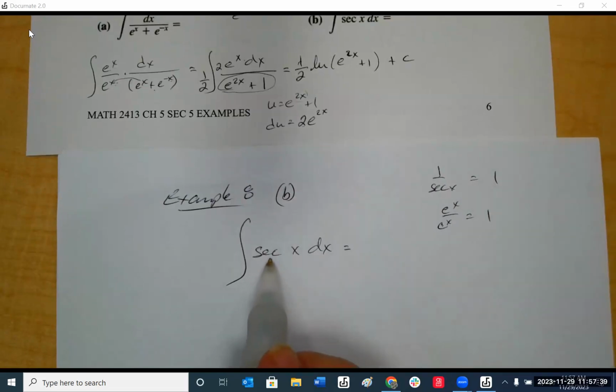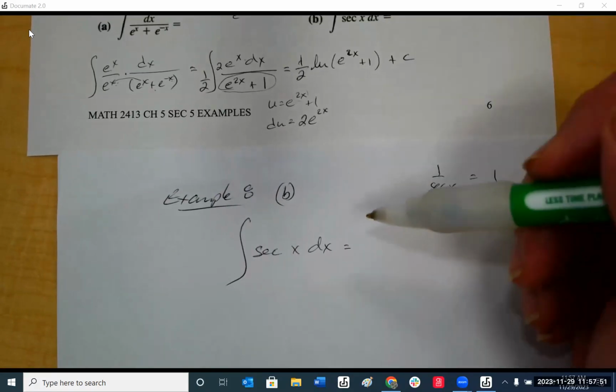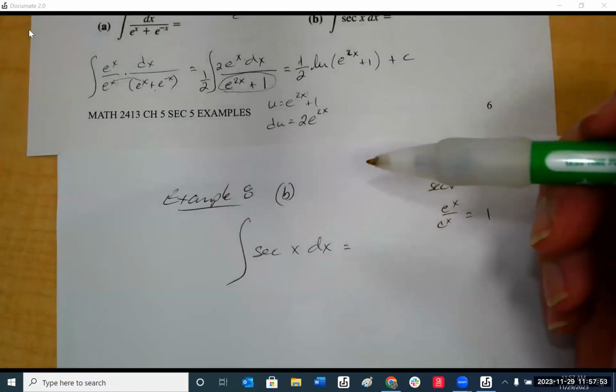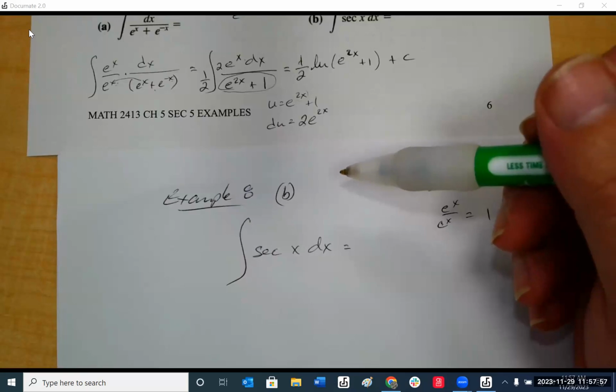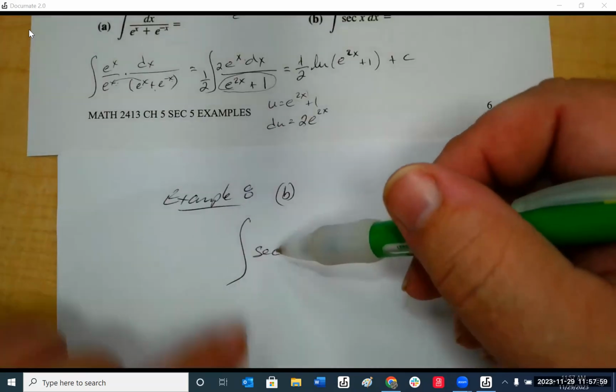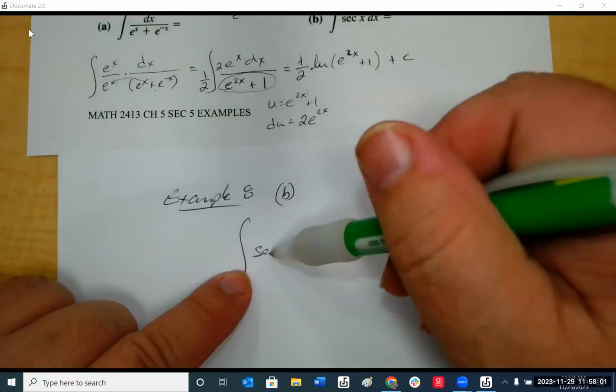So what's the derivative of secant? Secant x tangent x. So that's our target goal, because we're looking for the derivative of what that is to get the secant.